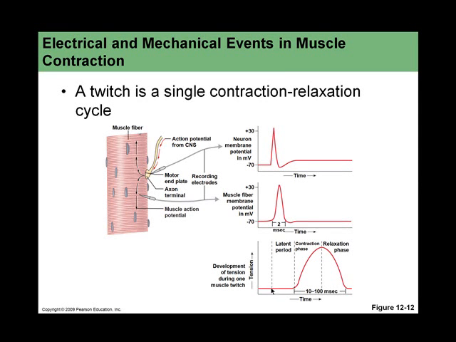So we know that something is beginning to happen molecularly at this point, and we can see that there is a period of time called the latent period, over which we do not see any deflection in the tension within the muscle.